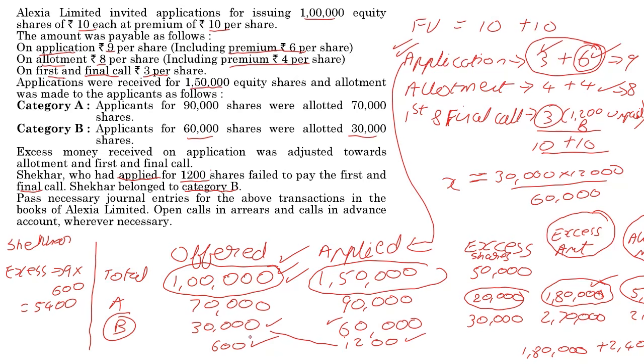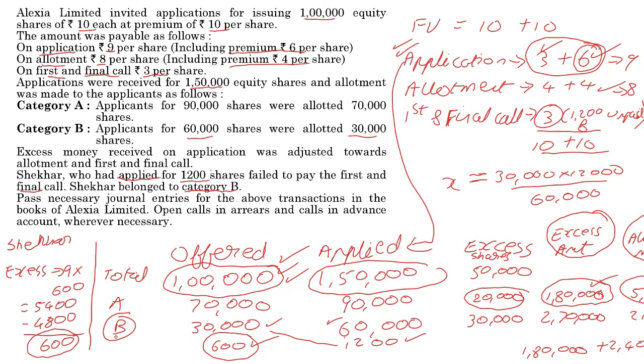How many shares has he been allotted? 600. 8 into 600 is 4,800. So how much is left? 5,400 minus 4,800 is 600. So 600 is what he's paid extra.